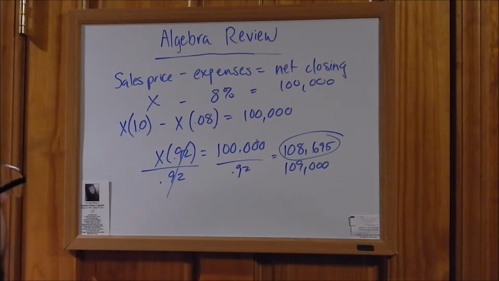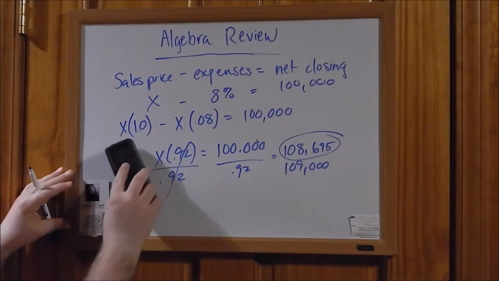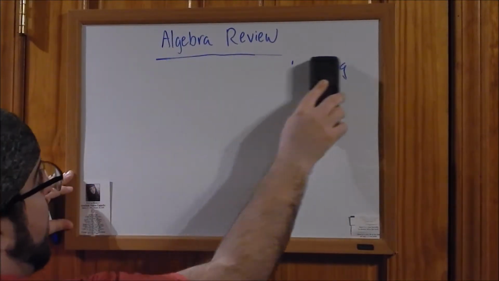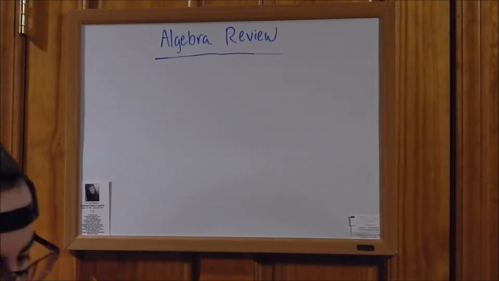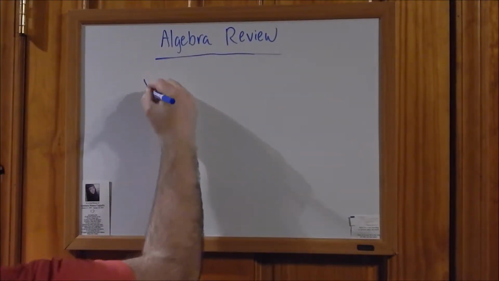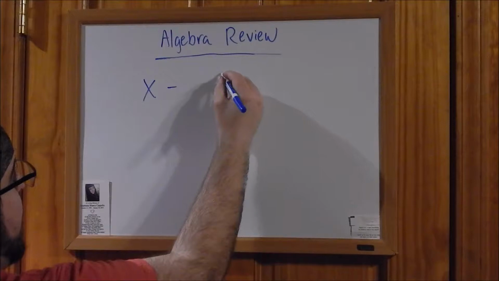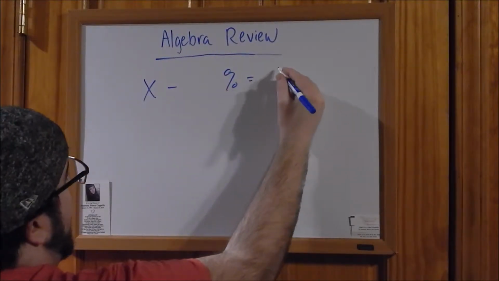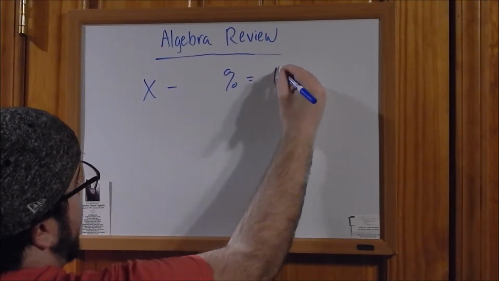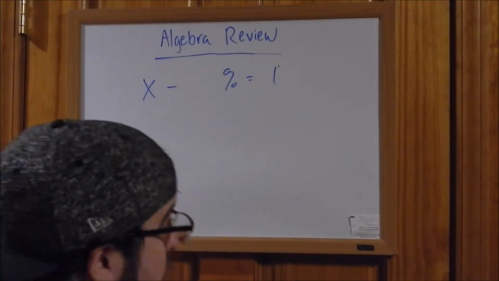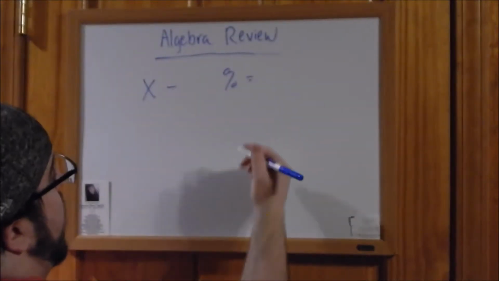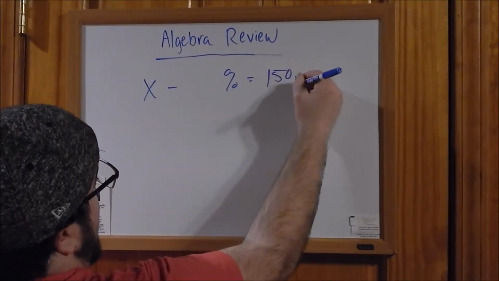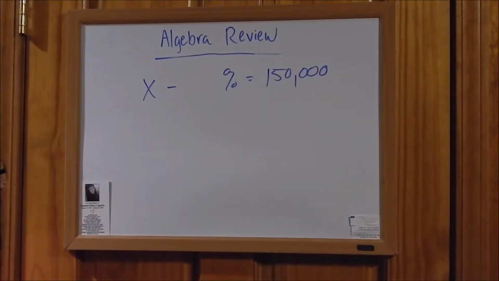Okay. So when we have the net closing problem, which you're going to see in the next portion of the video, here's what I want you to think. If we have X minus any percentage equals any number, let's call it 150,000, let's say it's 9%.